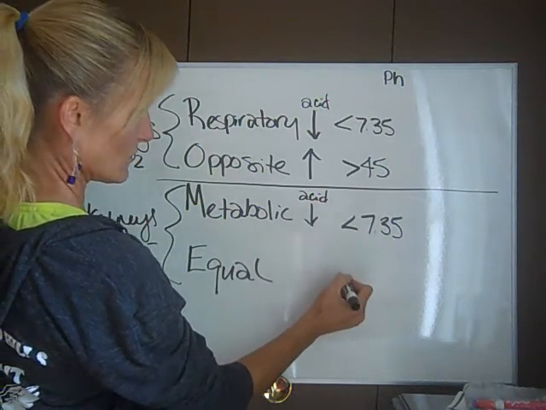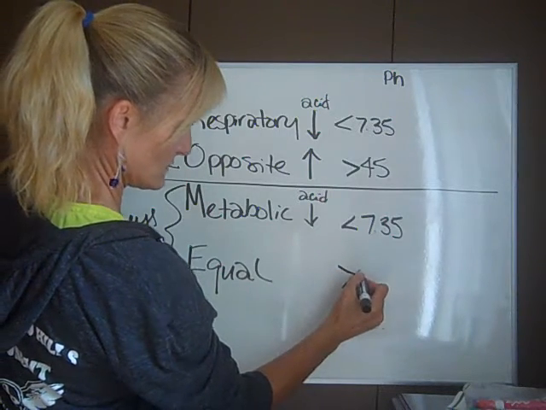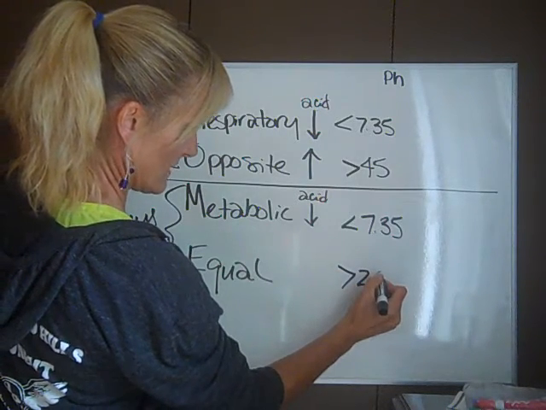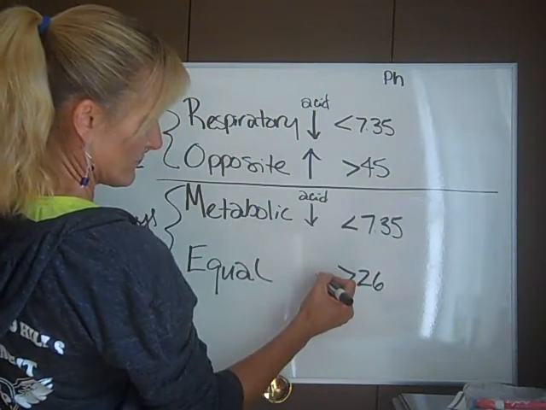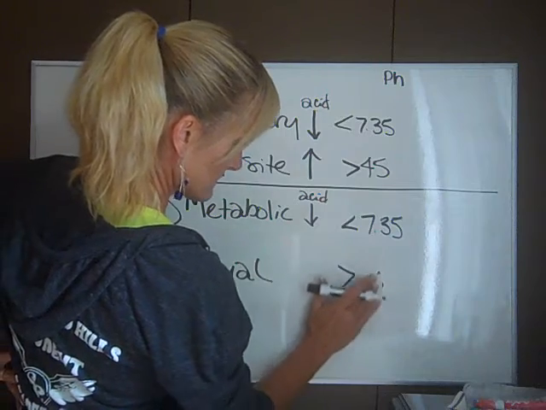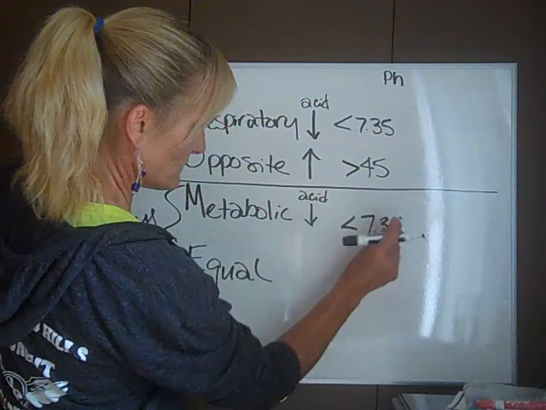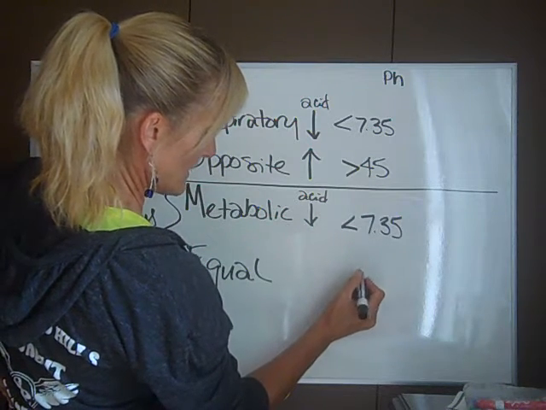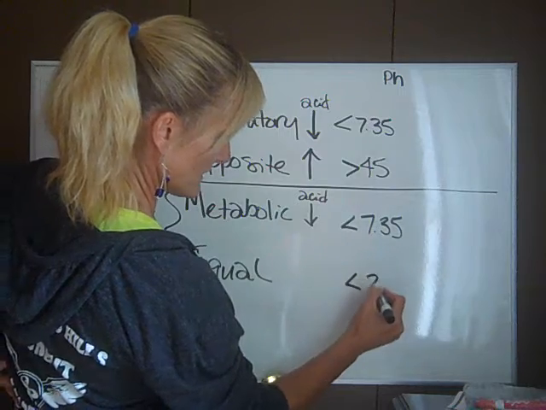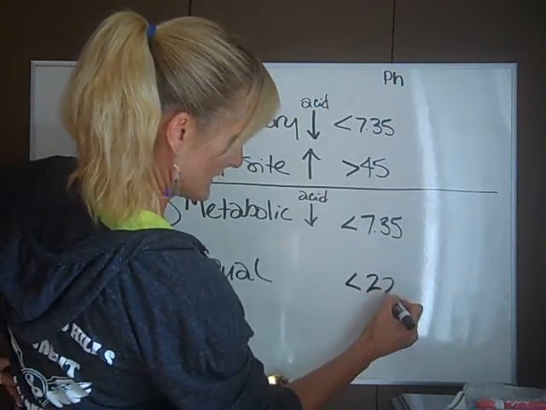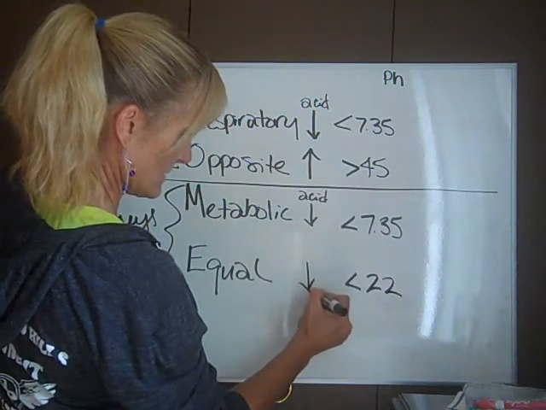But then if your bicarb is high, which would be higher than 26, no, I did that wrong. I did the opposite. If your bicarb is less than 20, what's normal is 22, less than that, then this is low.